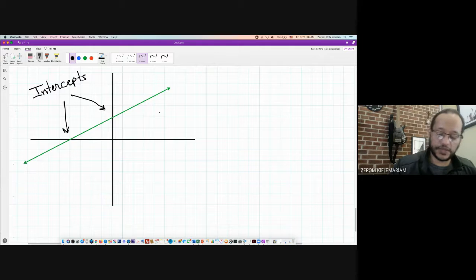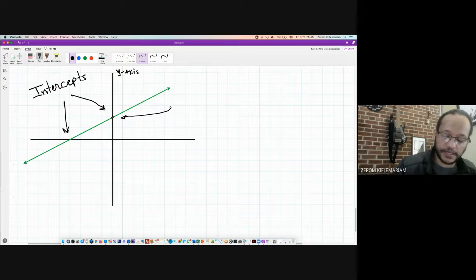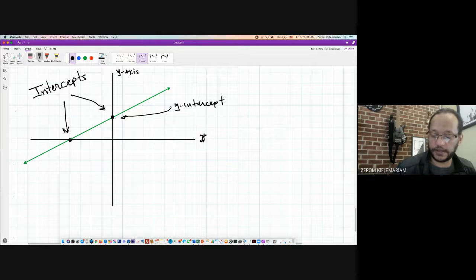So a special name for this one: since the vertical line is the y-axis, this is known as the y-intercept. Since this one is crossing the x-axis, this is known as the x-intercept.